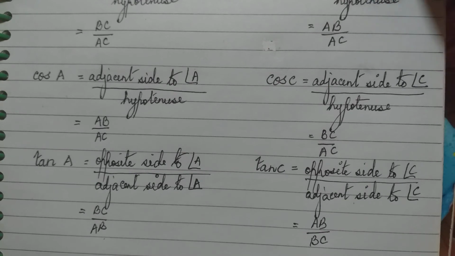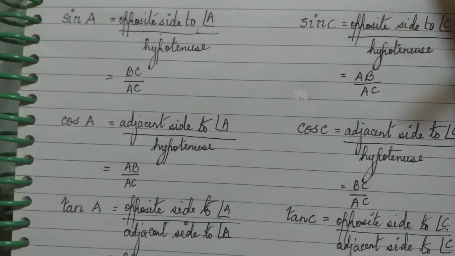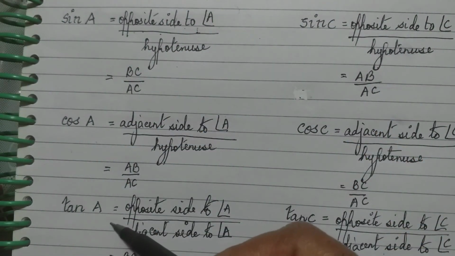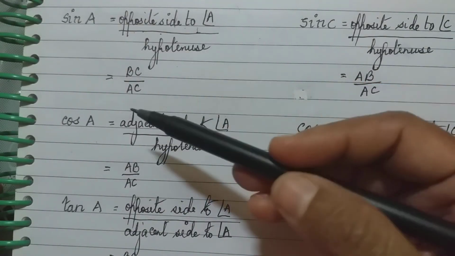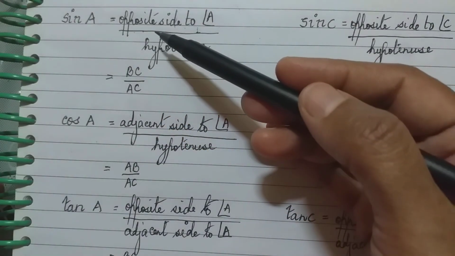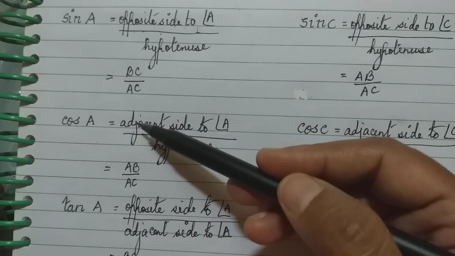So in this, for the first exercise in trigonometry, we have to know how we find these three ratios, sine, cos and tan. Each time you have to find these ratios, you will write the formula and then write which are the corresponding sides. So you will write opposite side upon hypotenuse and then write which are the sides.